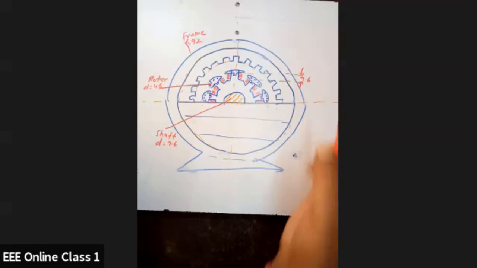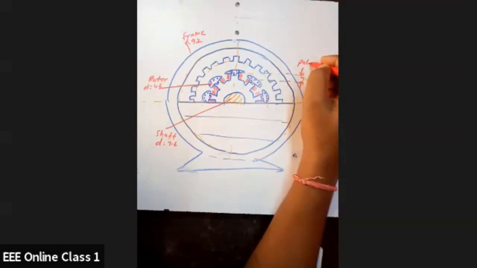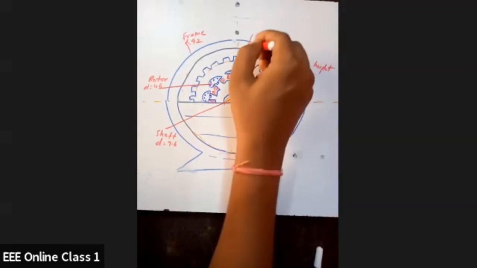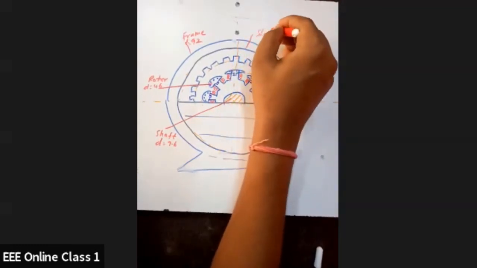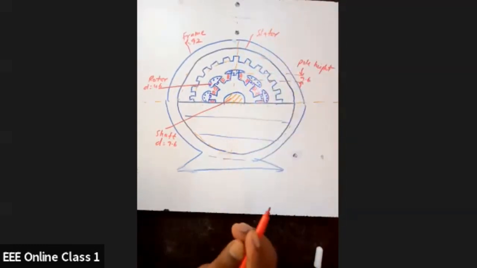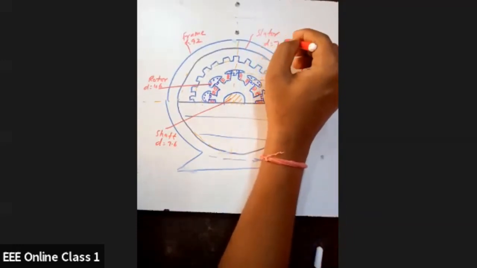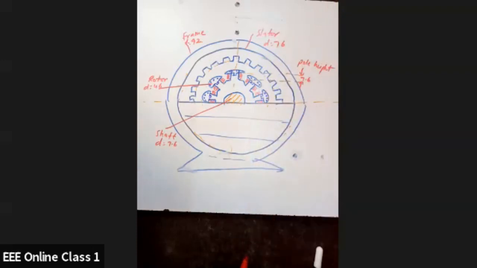So I'll write here pole height. Height of the pole is given, and this is stator outer diameter, that is given as diameter 76, and this is our base.